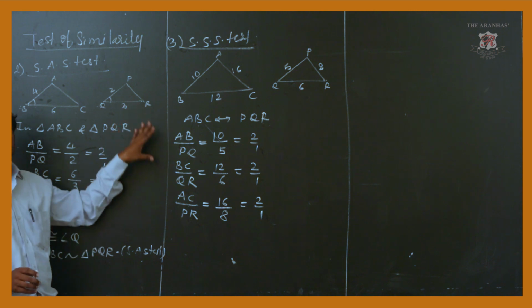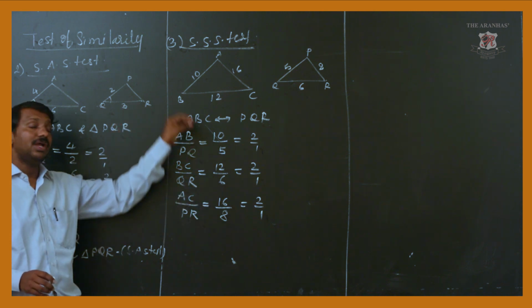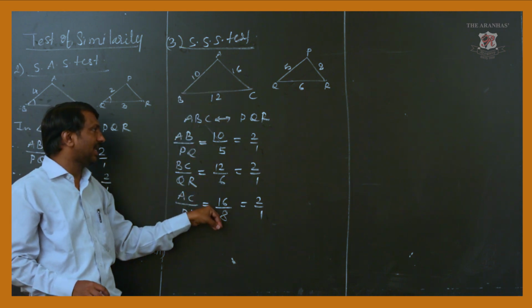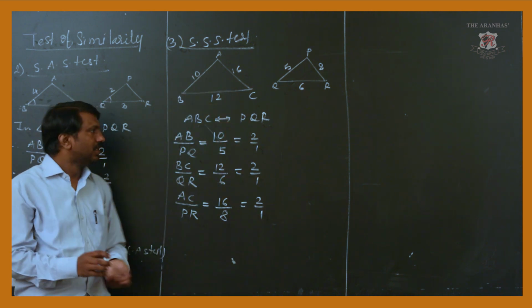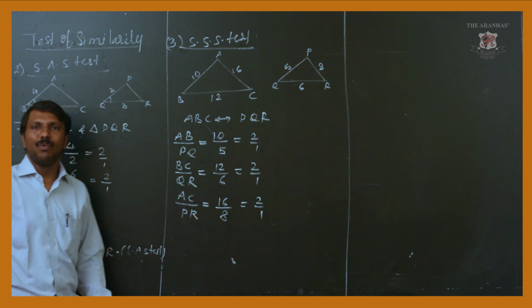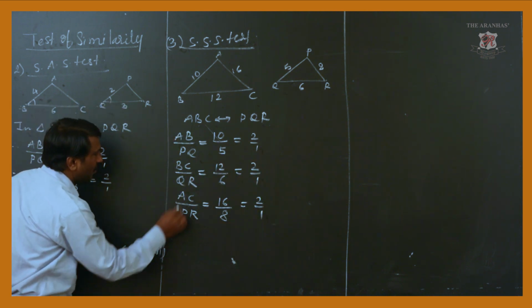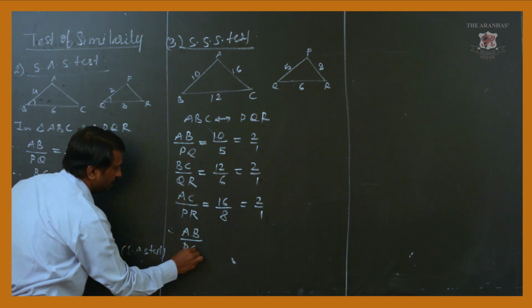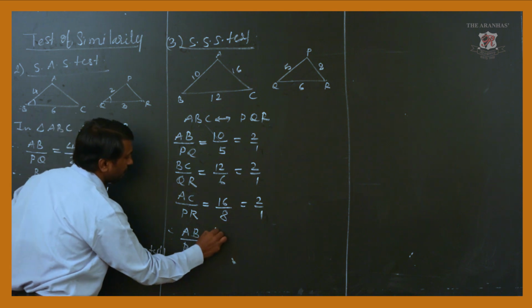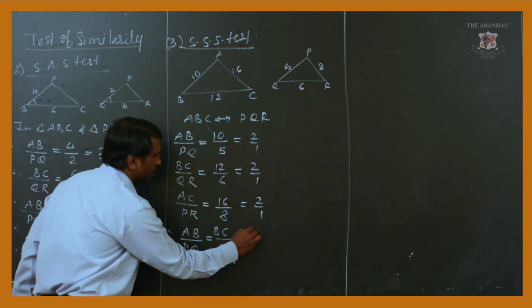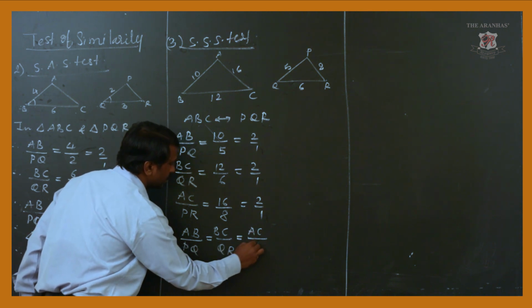What did we do? We substituted the values where possible, and they gave the lowest term. Every time we get the lowest term 2 upon 1, 2 upon 1, 2 upon 1. So all three sides, AB upon PQ, equals BC upon QR, and also equals AC upon PR.